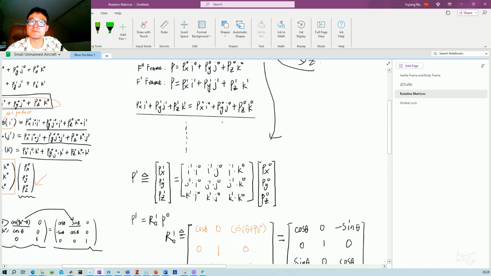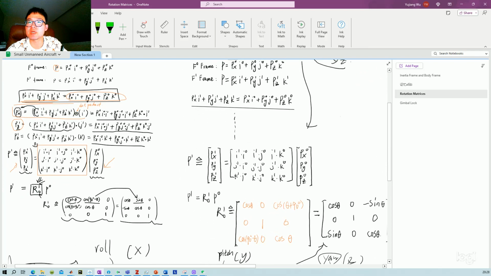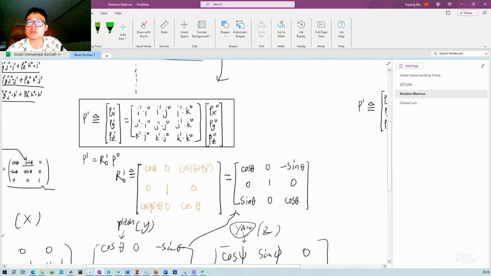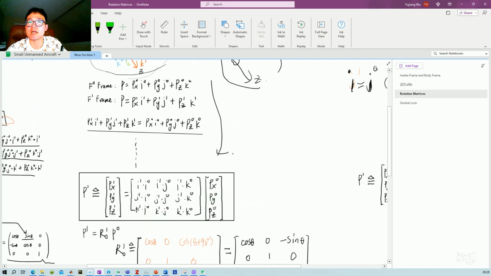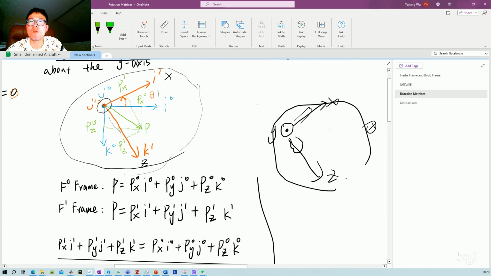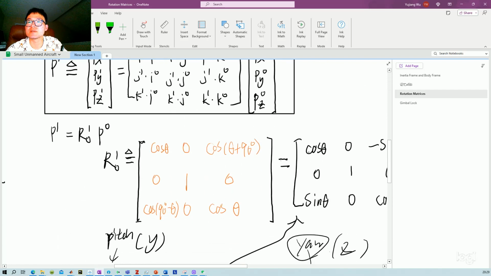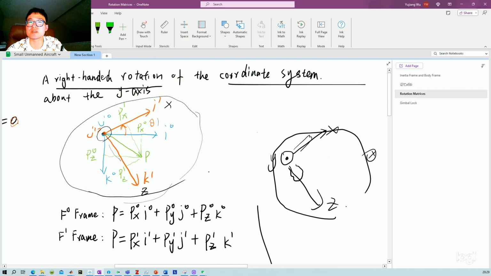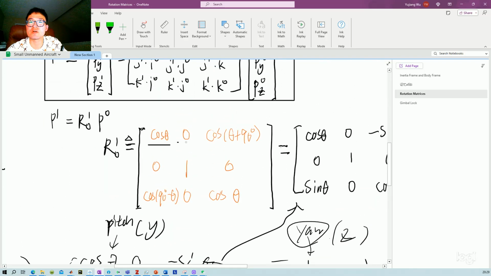So once you understand all this, the derivation becomes very easy. You always get this matrix, and when we talk about I1 dot product I0, in this case this is theta, so it's cosine theta, which you get here. And then I1 dot G0: G0 is perpendicular to I1, so that's why you got a 0 here.